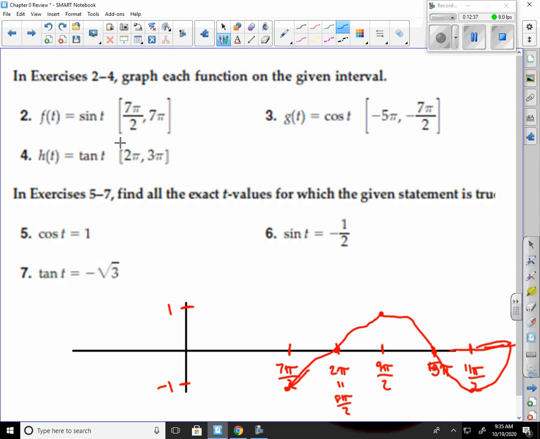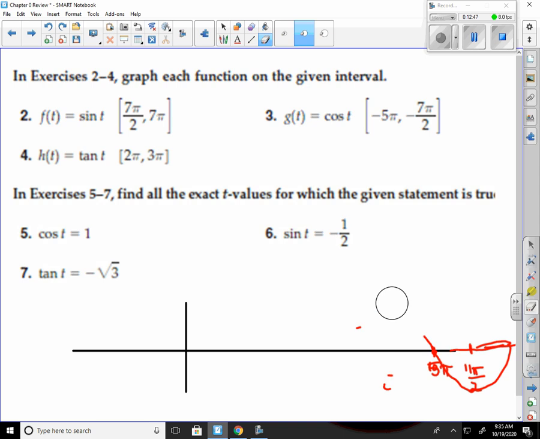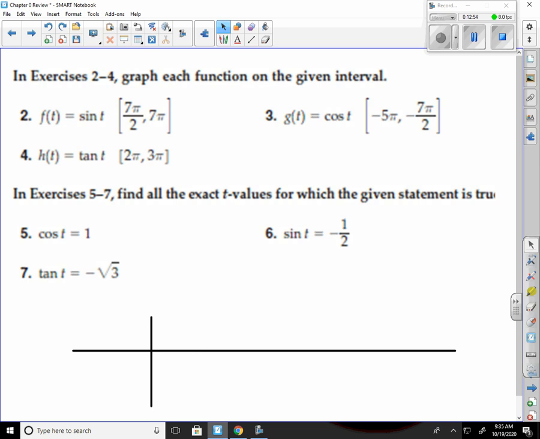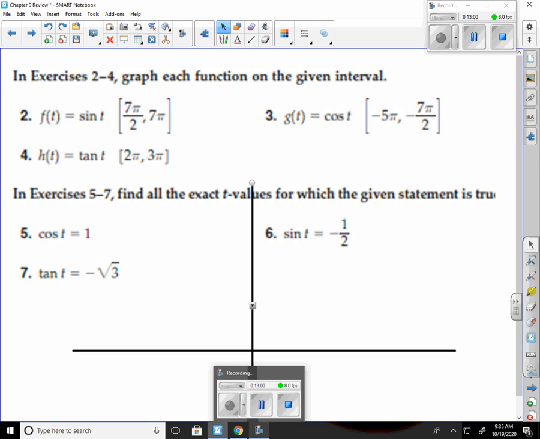And then your tangent from 2 pi to 3 pi, when you graph this, this one looks different than the other two. Cosine cycles, sine cycles.